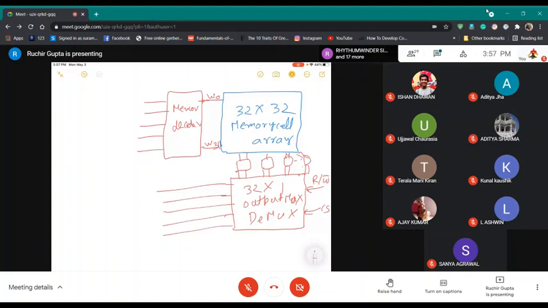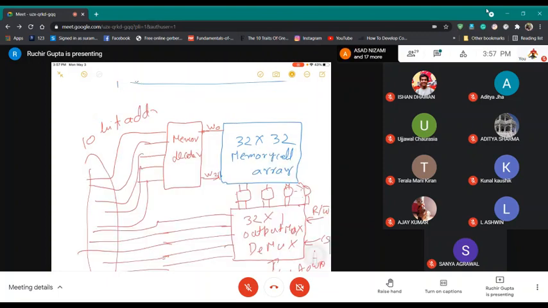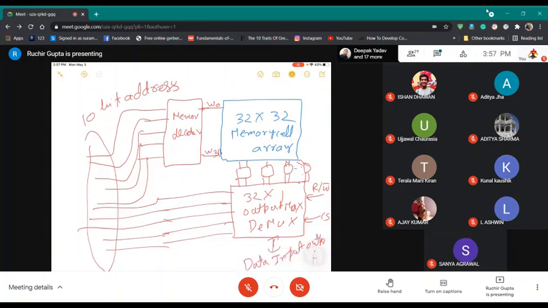And then of course, there will be a data input output. So this in all will be a 10-bit address. So first, let's understand how it will work. Can somebody tell me how it will work?